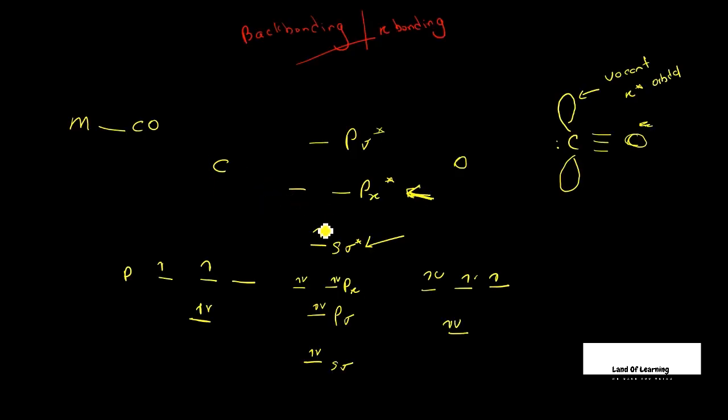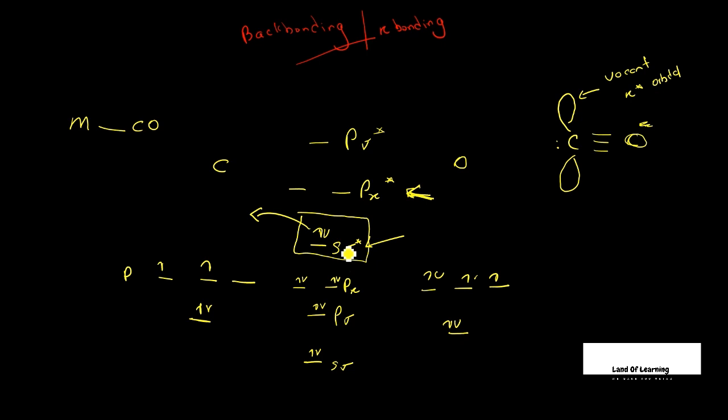So the first step that happens is that our carbon monoxide will donate its electron density to our metal center, right? Our carbon monoxide will donate its electron density towards our metal center. Now this electron donation will happen through this sigma orbital. This orbital over here will donate its electron to our metal center.